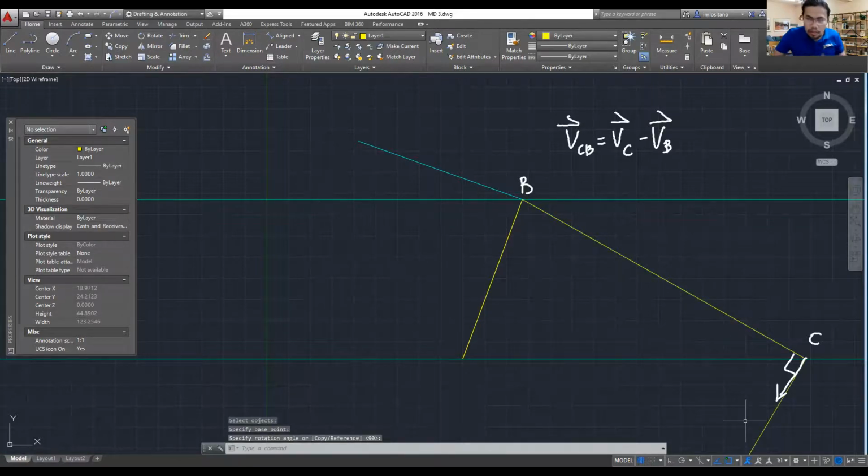All right. What we do now is we connect this line.